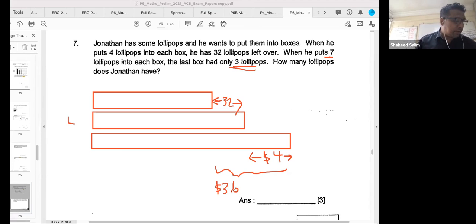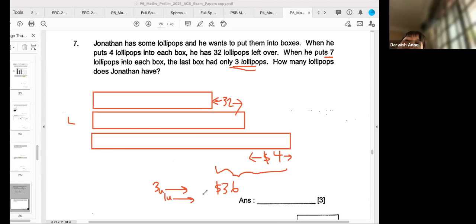This number 7. 36 is equals to the difference between the 7 and the 4. This is 7 lollipops each. This is 4 lollipops each. The difference is 3. So 3 lollipops, or 3 units if you like, is 36. 1 unit is 12. So there are 12 boxes.